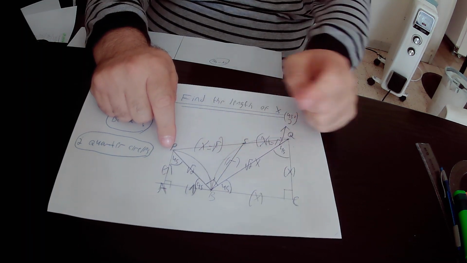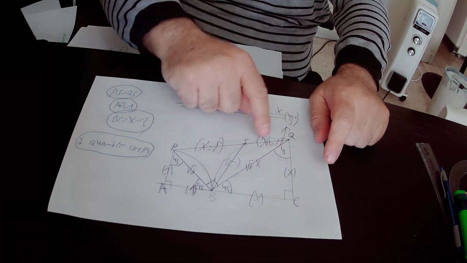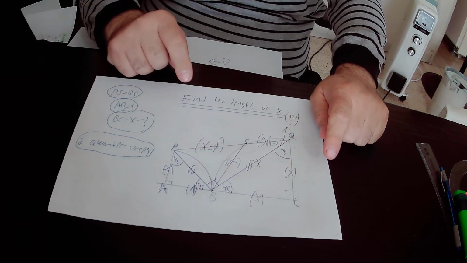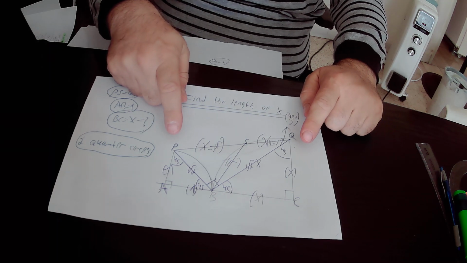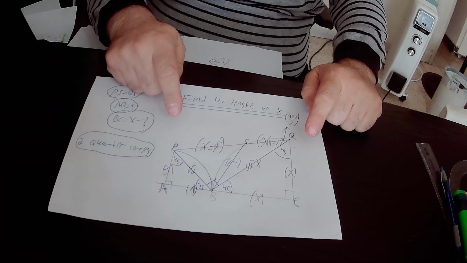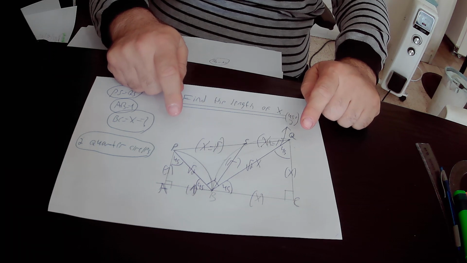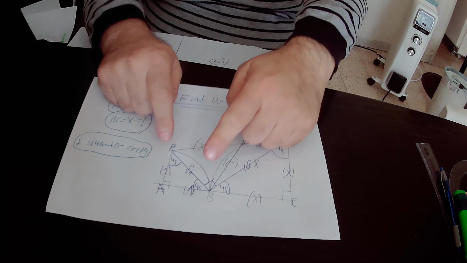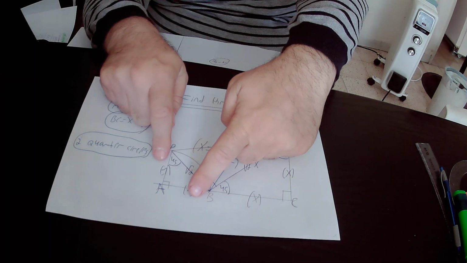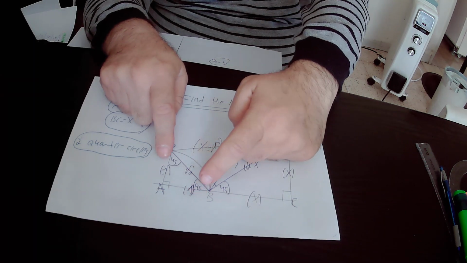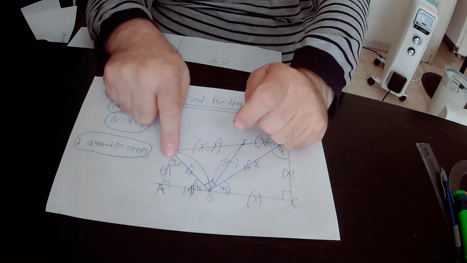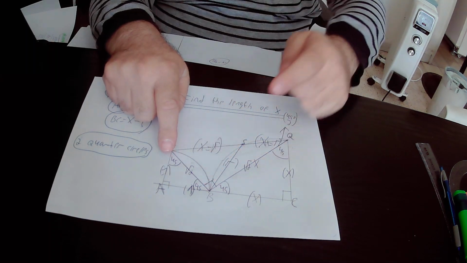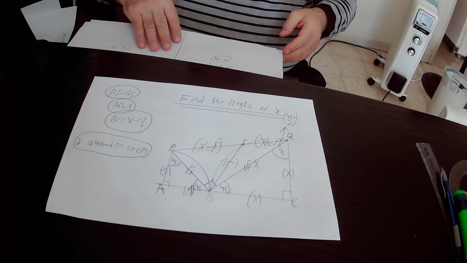And also QC equals BC. In both right triangles, we can implement the rule that opposite equal sides in a triangle, there are equal angles. So opposite those two sides, we have those two angles that are equal to each other. So if this angle is alpha, this angle must also be equal to alpha. Okay.